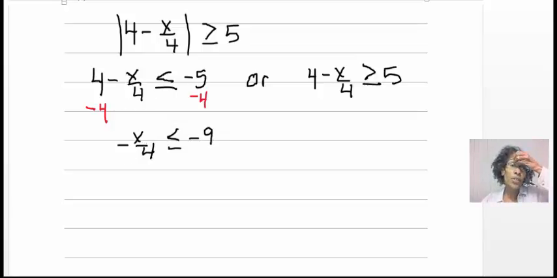And then in order to put it in its simplest form, which is another way of saying solve this inequality, I'm going to multiply both sides by negative 4.